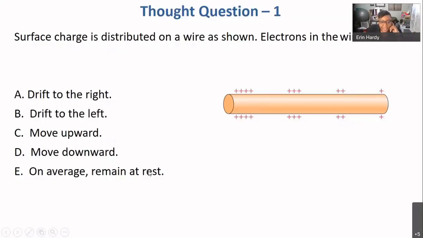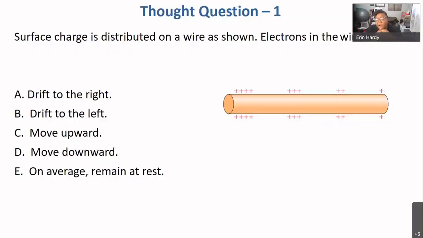We can also get rid of E because if the surface charge distribution was uniform, then these charge carriers, the electrons, would stay at rest. What is a little distinct about choice E is that if we're considering the individual charge carriers relative to all the other charge carriers that exist inside of this wire segment, I would need to be able to describe the motion of any one electron relative to any other electron inside the wire.